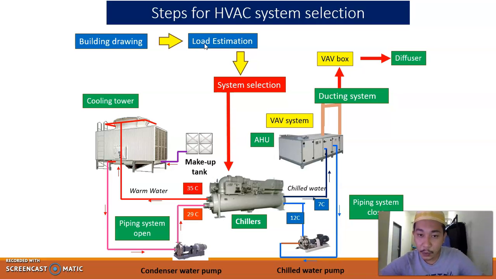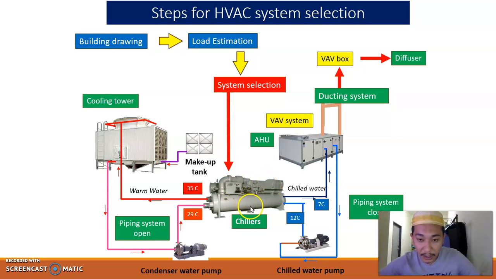If we estimate too low, then the room or the building will not achieve the suitable temperature and humidity desired. Then in system selection, we estimate the chiller size of the building. Please remember, usually chiller will be used for the big system or centralized system.